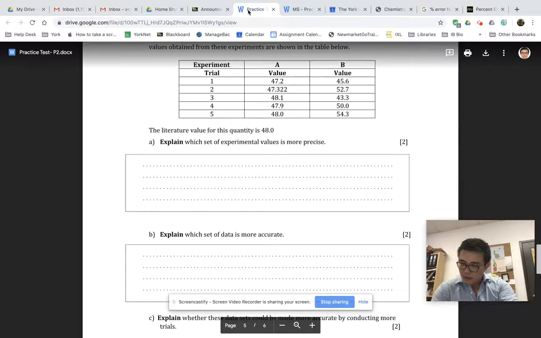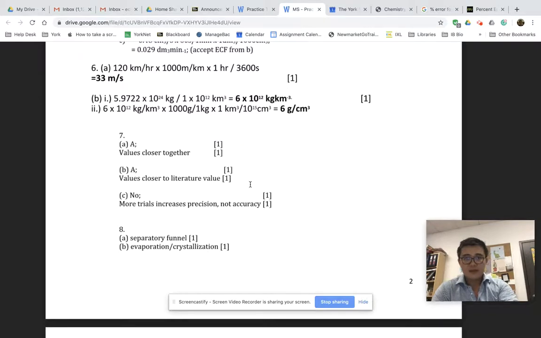Explain whether these could be made more accurate by conducting more trials. That really depends, because more trials increase precision, not accuracy. In this case, you already have a lot of data.